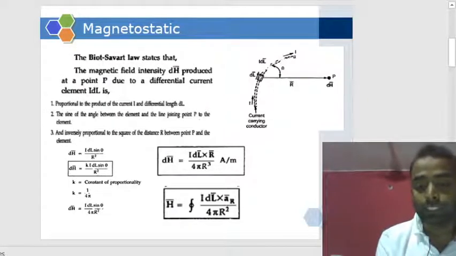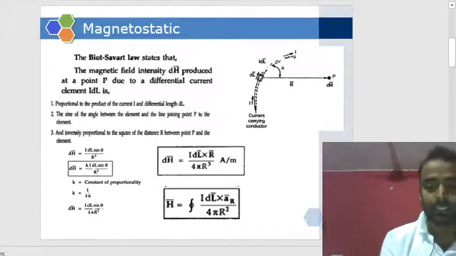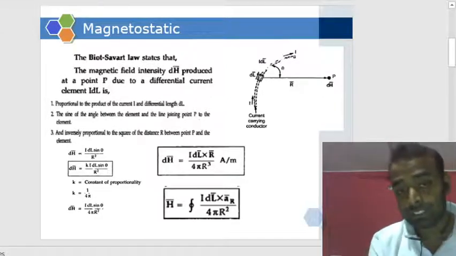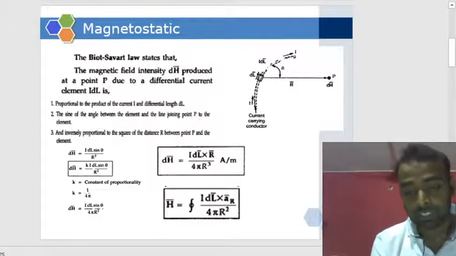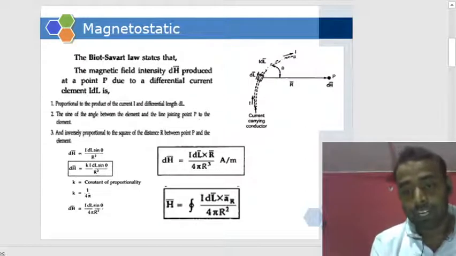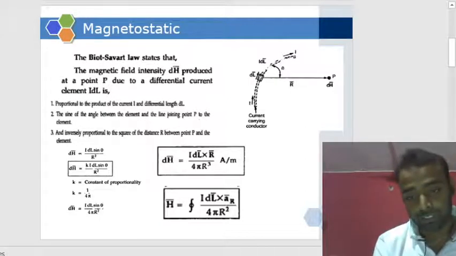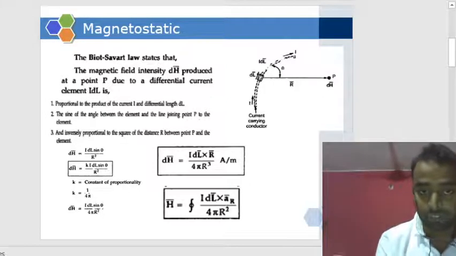H is equal to the line integral of dH. Fine. And the unit: last lecture we had discussed that the unit of magnetic field intensity is ampere per meter. Okay, no?